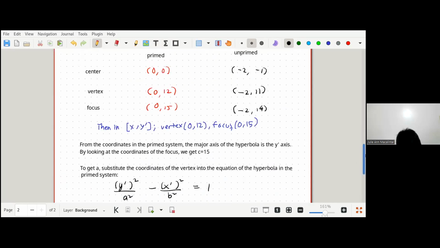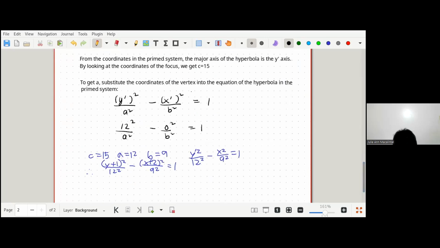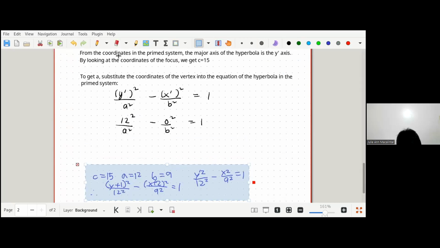So, yung y prime is 12. Minus 0 square over b square equals 1. And then, makukuha natin ngayon yung a is equal to 12. Kasi itong term na to, mamamatay.